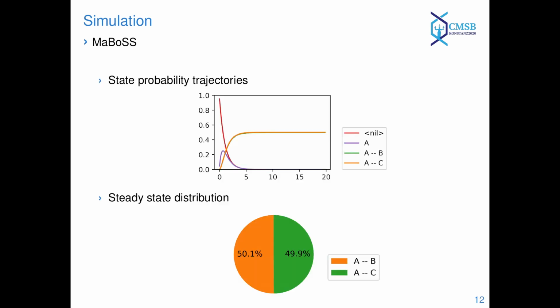So the output of MaBoSS is these state probability trajectories, but in this study we will mainly focus on the steady state distribution, which is just the state at the end of a simulation. For example, in this case, this steady state distribution is split equally into two possible states, one where A and B are activated, and another where A and C are activated.